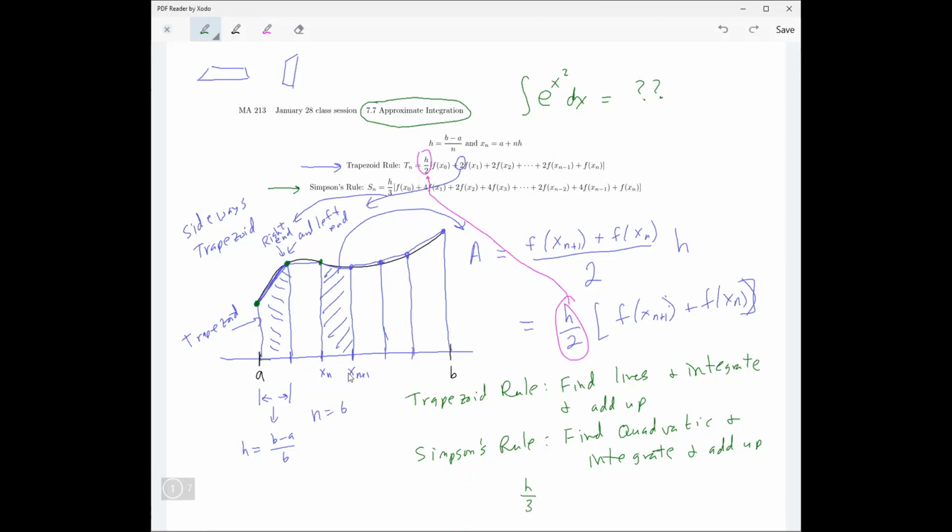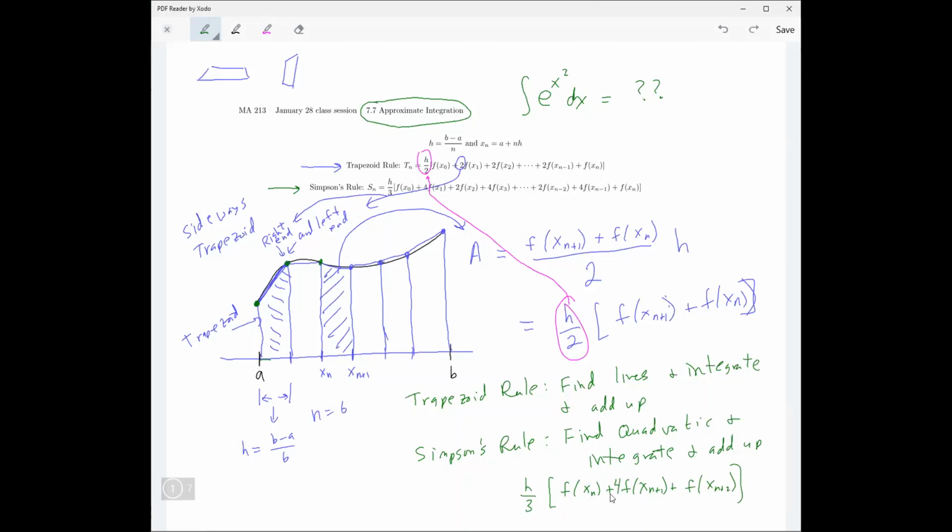So h over 3 times f of the first point, plus 4 times f of the second point, plus f of the third point.